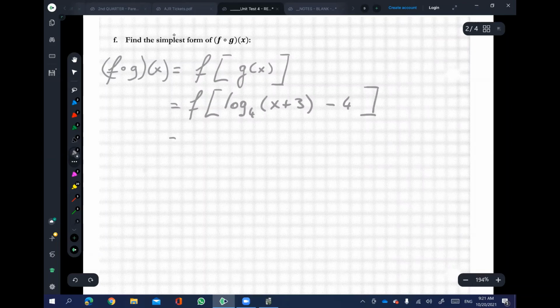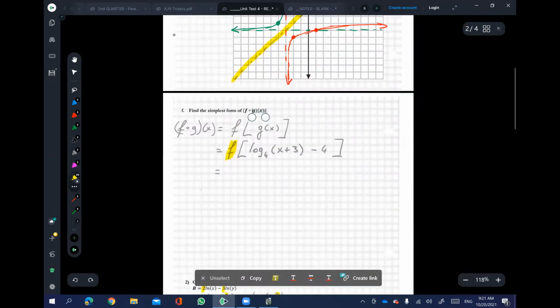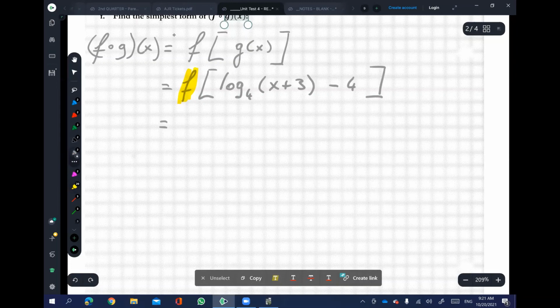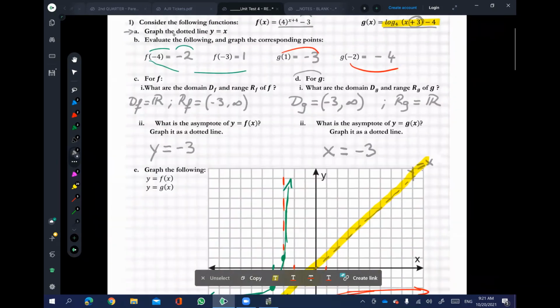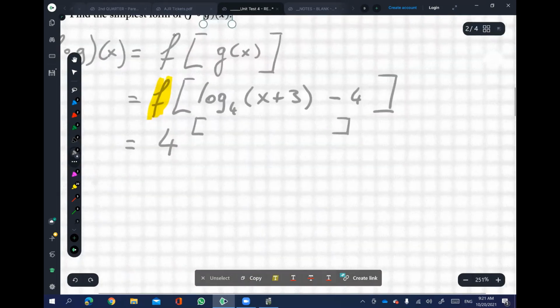Then I'm going to shift my focus to f of x. F of x is exponential base 4 of x plus 4 and minus 3 outside.